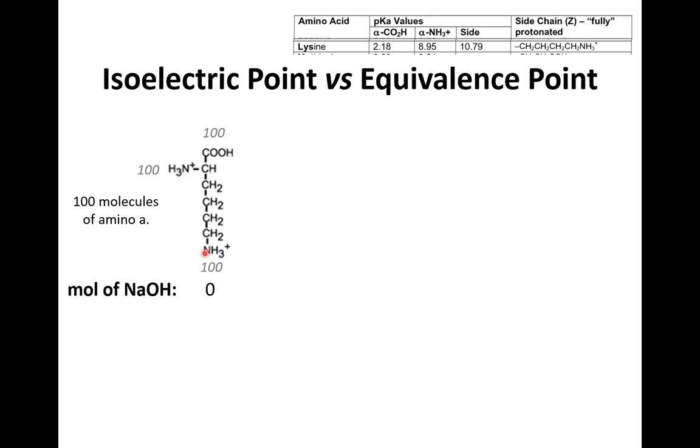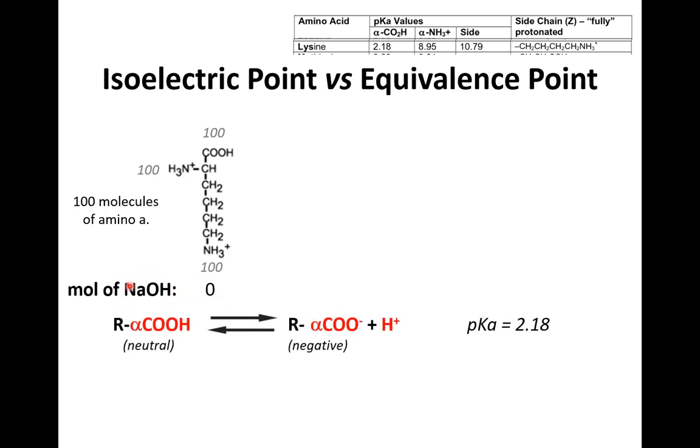So let's start titrating. Imagine you start adding sodium hydroxide. The first group again to deprotonate is the alpha carboxy group. So what's going to happen? Once you have added 50 molecules, this is not moles but molecules of sodium hydroxide, you would have added half of what you have in terms of amino acid in that solution.